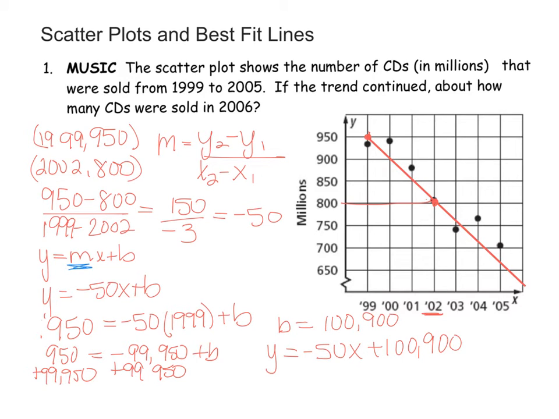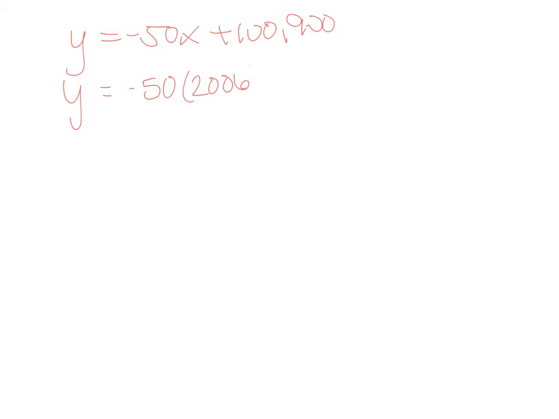And we want to figure out what the sales were in 2006. It asks us for how many were sold in 2006. So I'm going to take my equation, y equals -50x plus 100,900, and I'm going to plug in 2006.